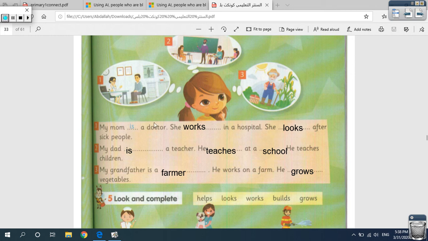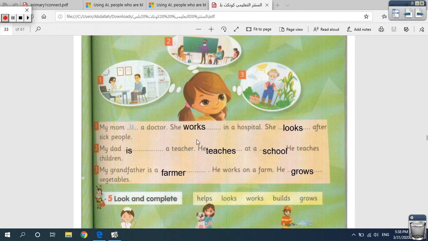Number 2, look at her dad. From the picture, we can see that he is a teacher. My dad is a teacher. He teaches at a school. He teaches children. Can you see that we add s and es here because we have a singular noun?